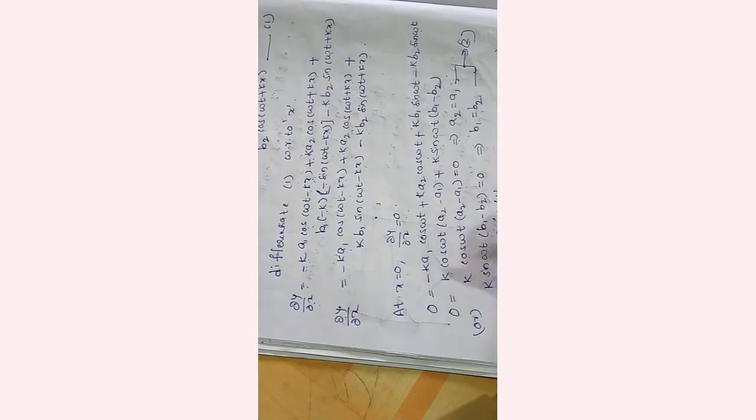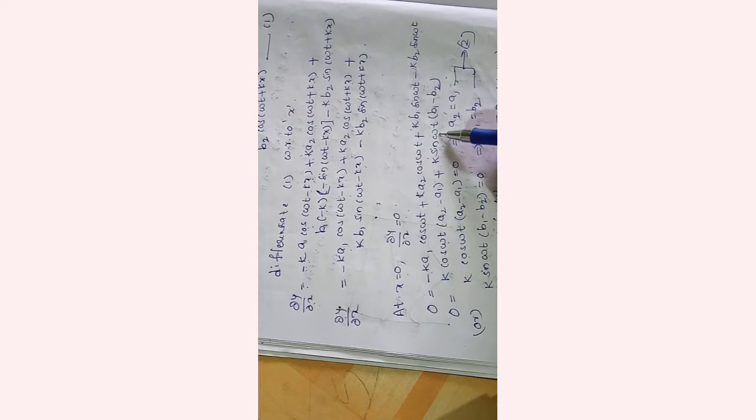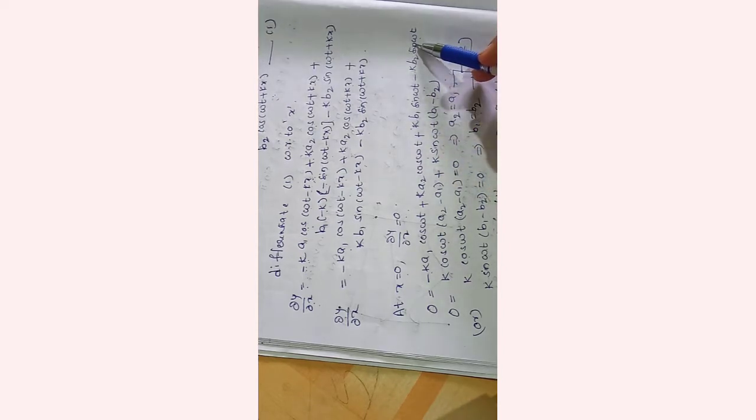So 0 equal to, in the first two terms we can take k cos omega t as common, we get a2 minus a1, plus in the last two terms we take k sin omega t as common, b1 minus b2.